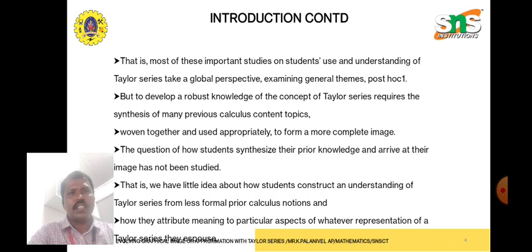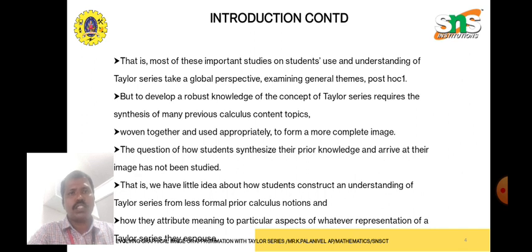Most of these important studies on students' use and understanding of Taylor series take a global perspective, examining general themes. But developing a robust knowledge of the concept of Taylor series requires the synthesis of many previous calculus content topics, woven together and used appropriately to form a more complete image.